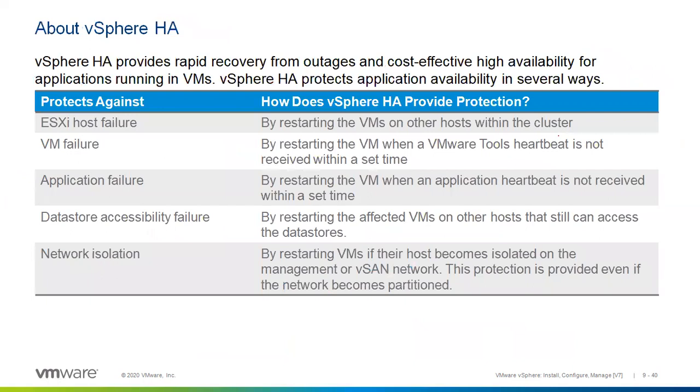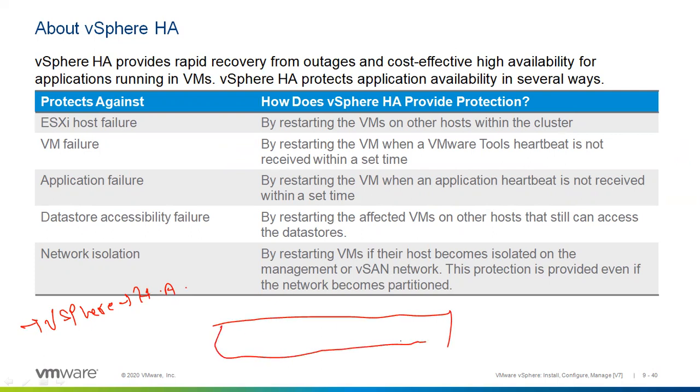All right. So when we say vSphere HA, a feature in vSphere high availability, it means that now I'm talking about only the host, not any network, not any storage.